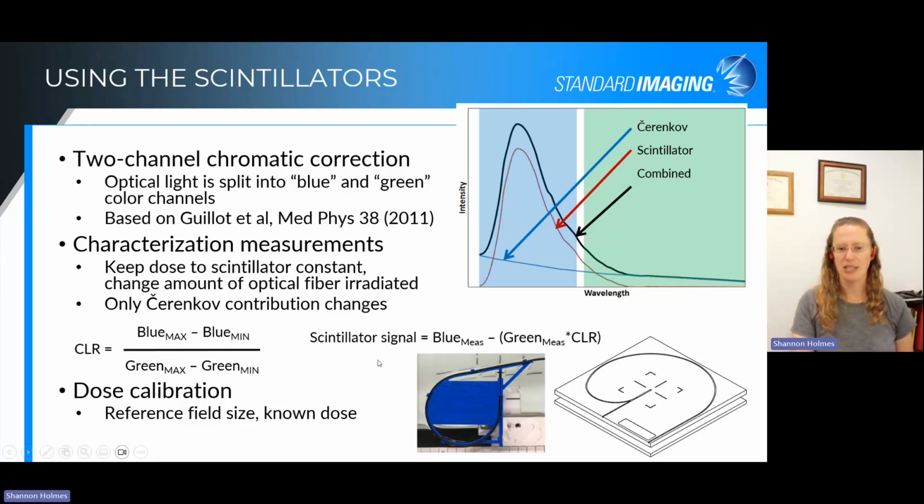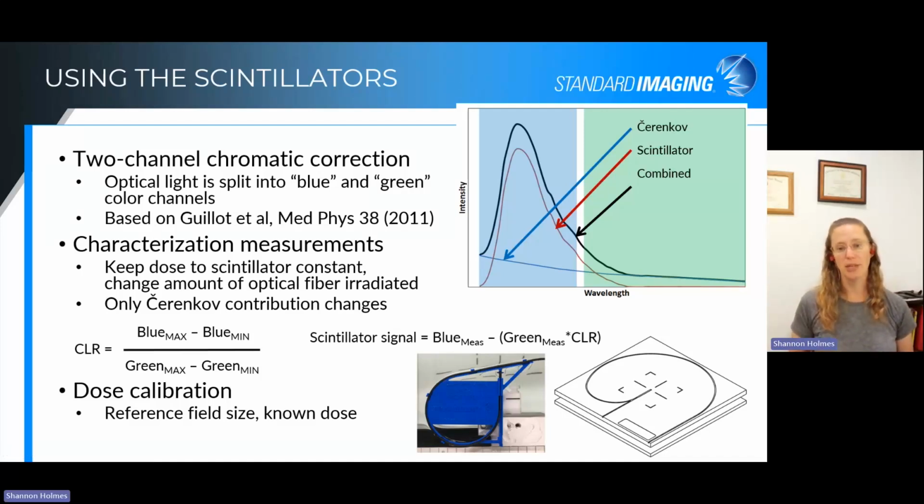So then your scintillation signal is your blue signal, where we have that scintillator signal, and then you subtract the green signal from that measurement times the CLR, and that gets you just the scintillation light from that measurement.